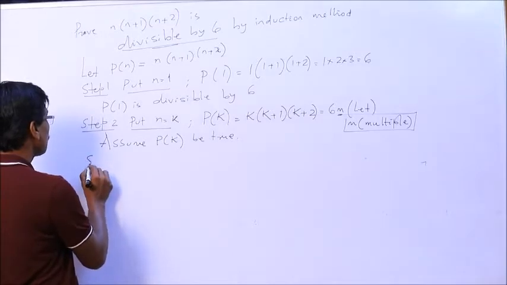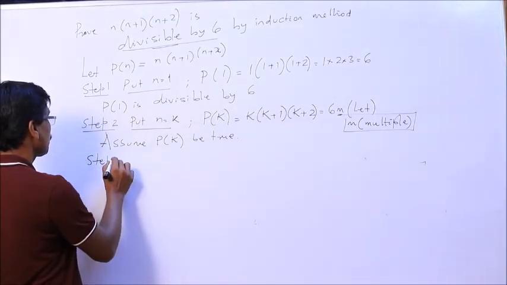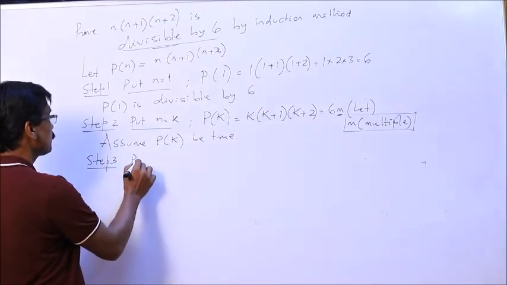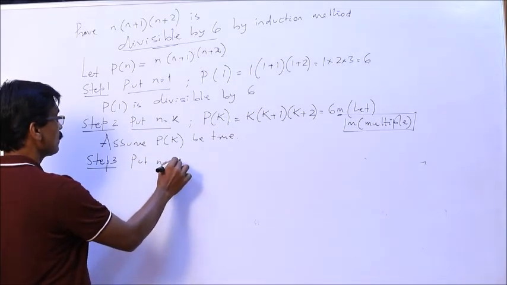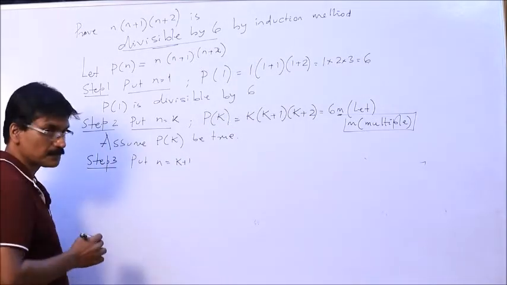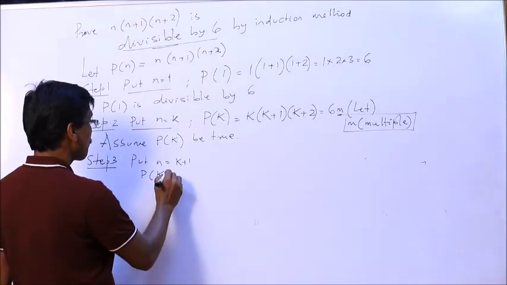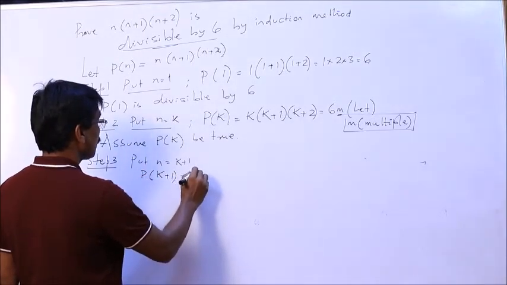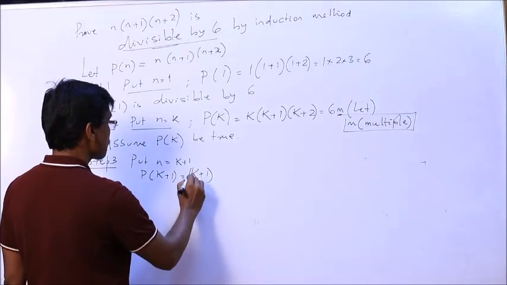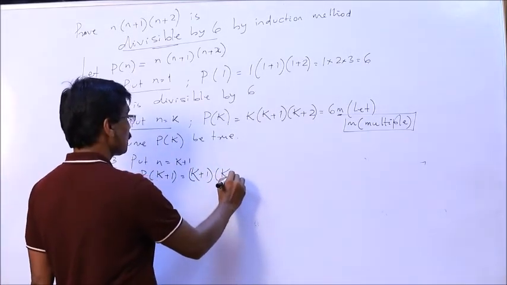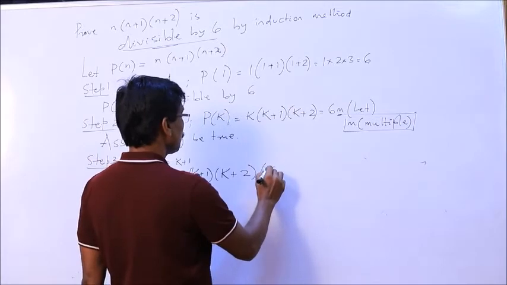Then coming to the third step, if we put n is equal to k plus 1, then P k plus 1 will be k plus 1 into k plus 2 into k plus 3.